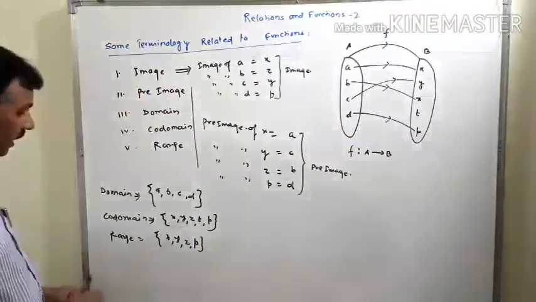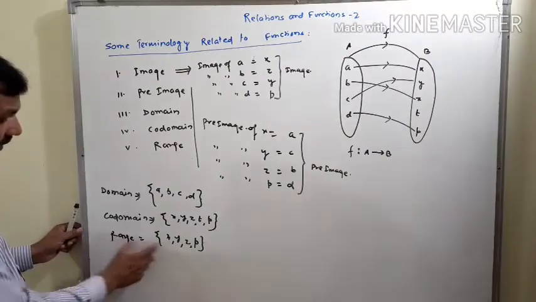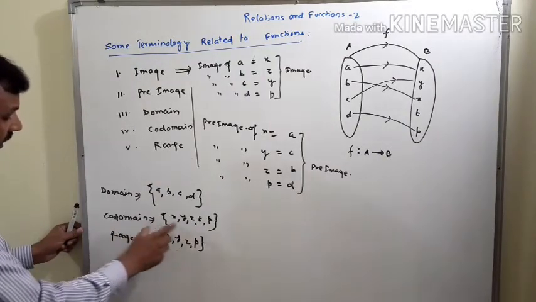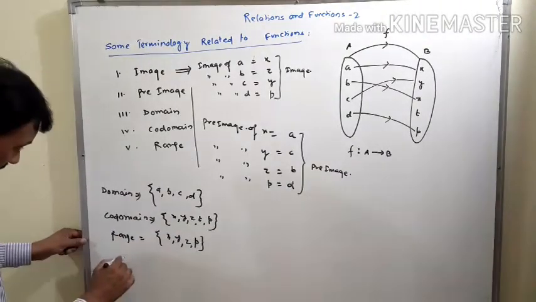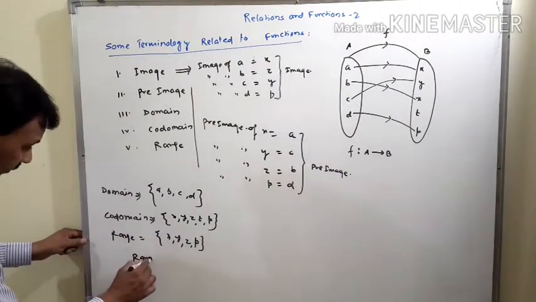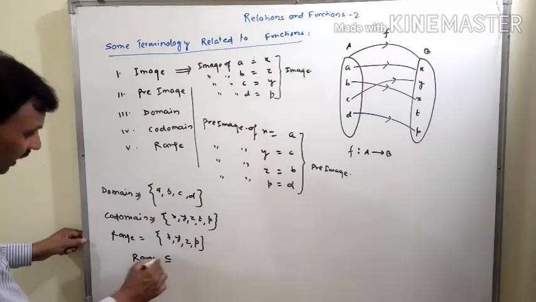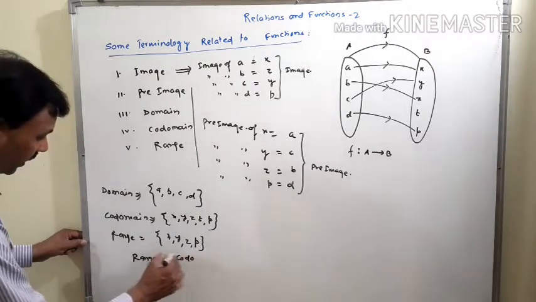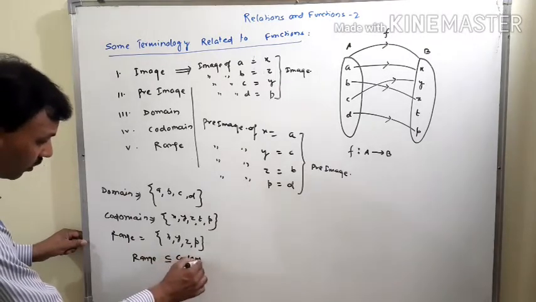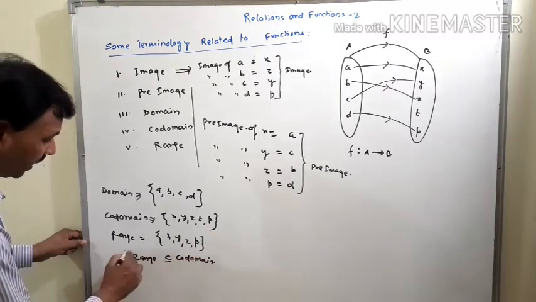Now you can see that since all elements of the range lie in the codomain, therefore we can say that range is a subset of codomain. Range is a subset of codomain. This is a very important result.